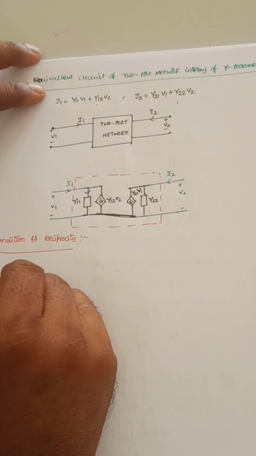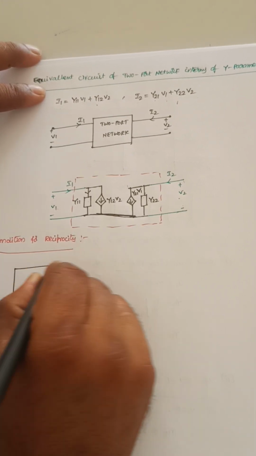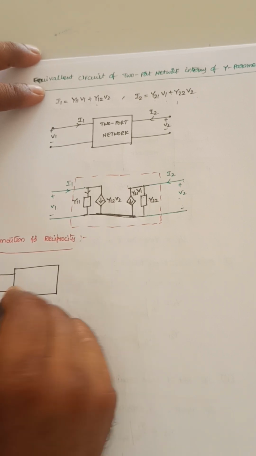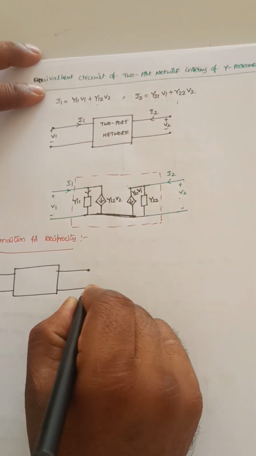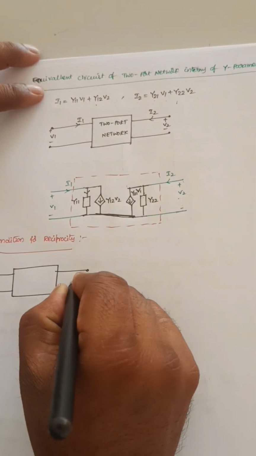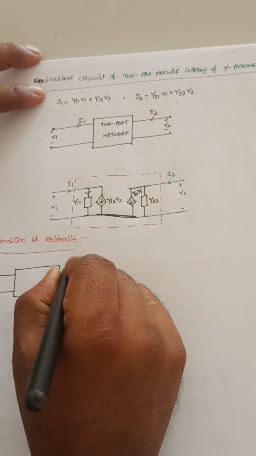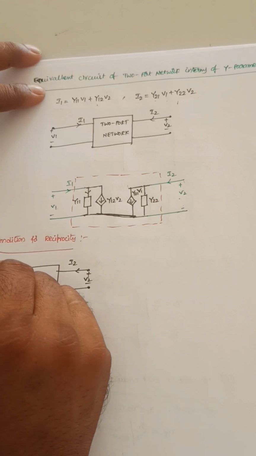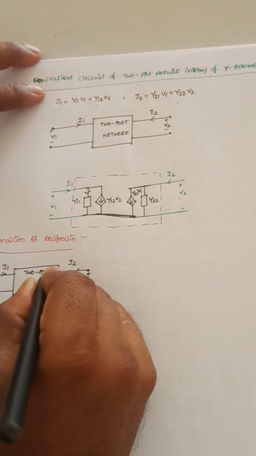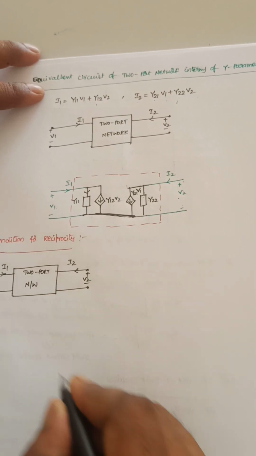This is a two-port network, with V1, plus and minus, V2, I2, I1.